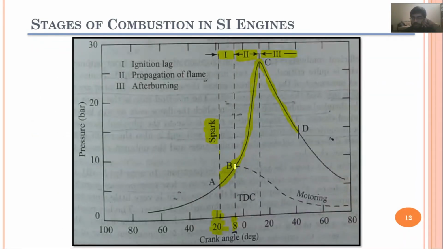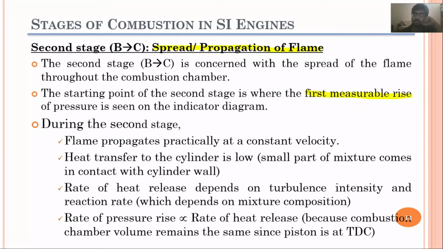From A to B the pressure rise is not that much, but from B to C we have a dominant pressure rise. That is the point from where the second stage has started.